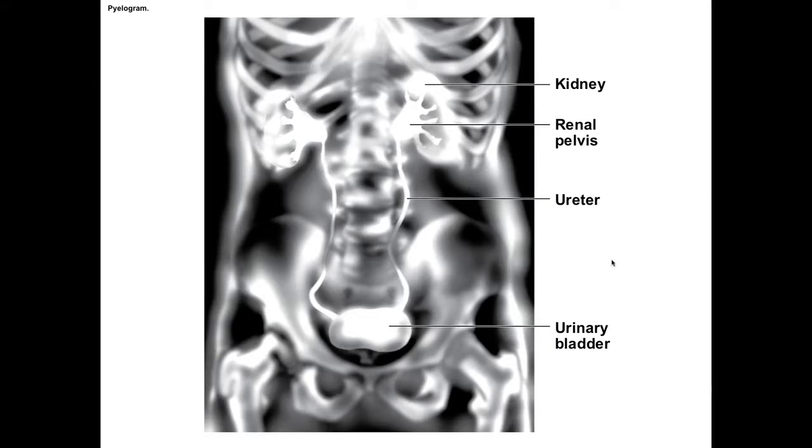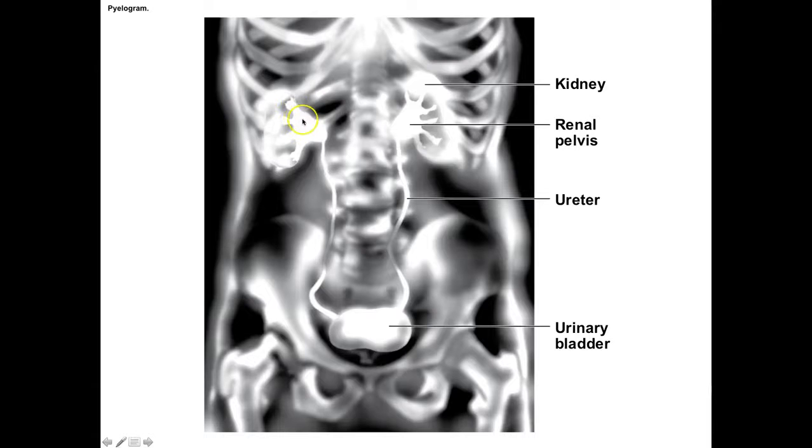So this is a pyelogram over here, and this is going to be an X-ray exam that a doctor might suggest to take a view of the kidney, the ureters, and the bladder. They use an iodinated contrast and inject it into our veins so that you can evaluate the collecting systems, and you can see them pretty well in here.